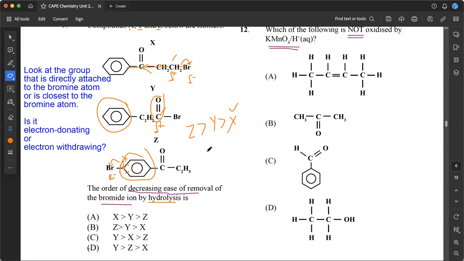So actually your ranking will then be Y, because you have the combined effect of these two being electron withdrawing. So it will be Y is greater than Z, which has only the phenyl ring withdrawing, and that's going to be greater than X, which has the withdrawing groups far away from the bromine, okay? So this is our order.